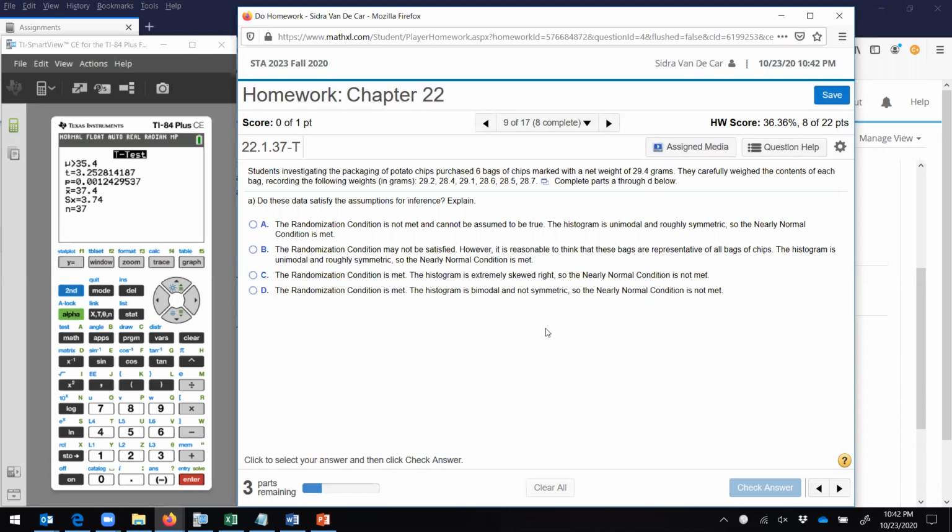Students investigating the packing of potato chips purchased 6 bags of chips marked with a net weight of 29.4 grams. They carefully weighed the contents of each bag according to the following weights.